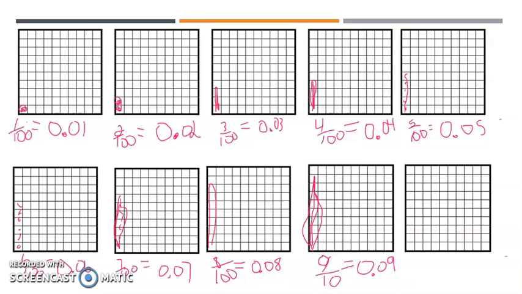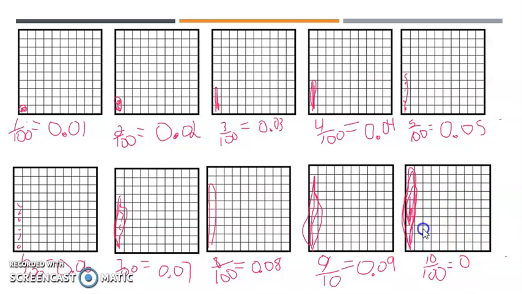All right, now, our next one is we're going to fill in 10. Okay, and something interesting is going to happen when you fill in 10. So the whole column is filled in. The whole entire column. What's going to happen when the whole entire column is filled in? Well, it's going to change place values because now you have 1/10. You have one of these columns out of 10 of the columns.